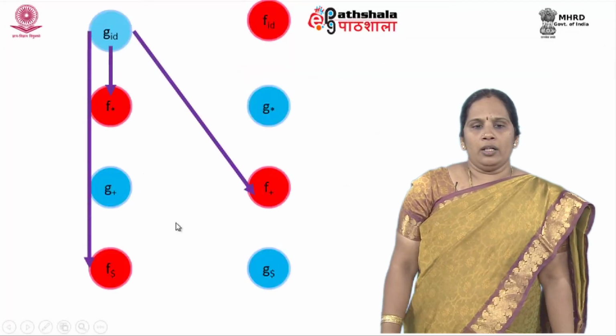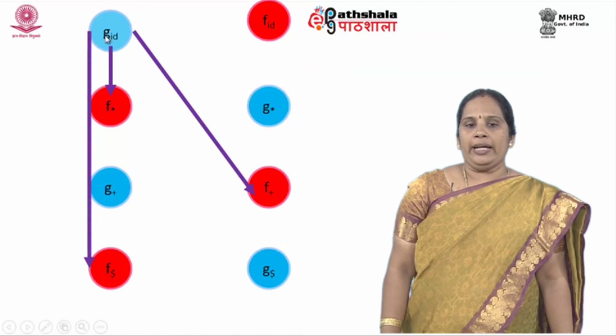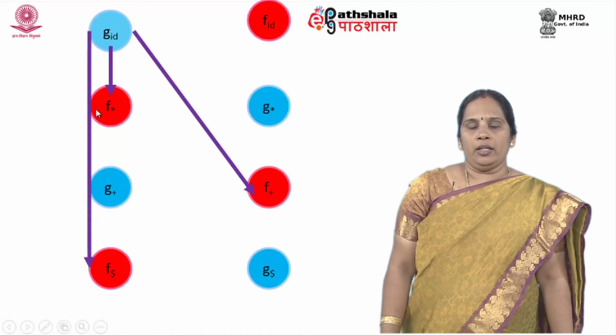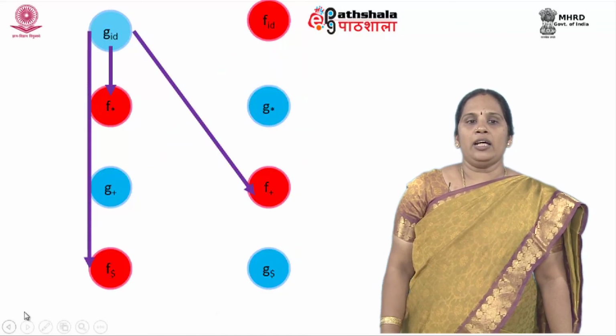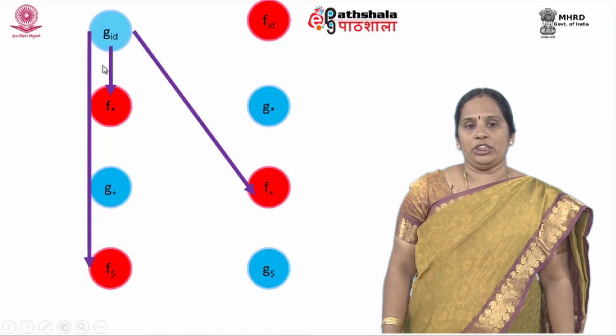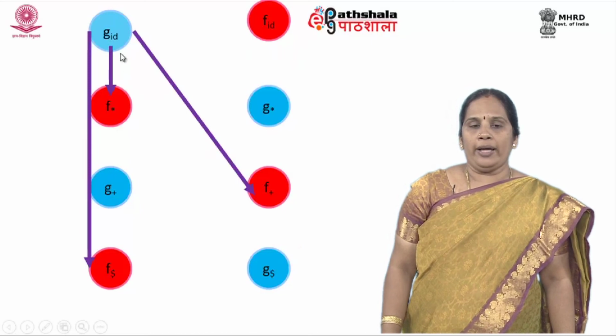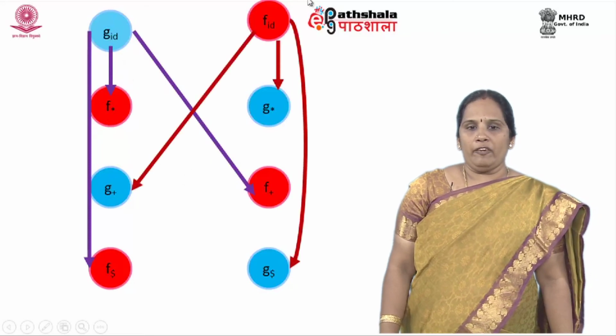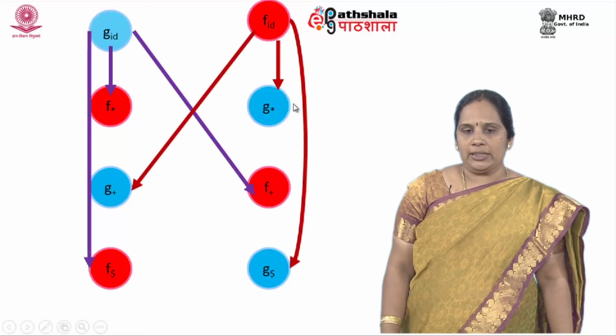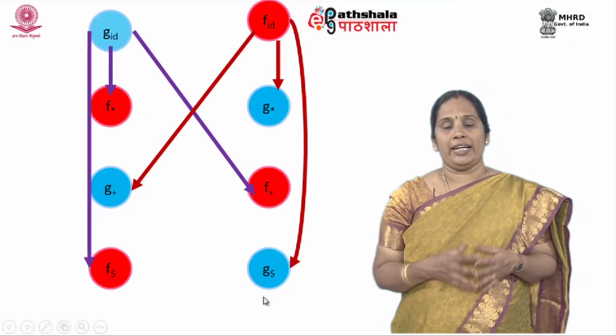Now, we know that g ID, when you remember the precedence table, the precedence table is constructed such that ID has got greater than relationship than plus, star and dollar. So, I have an edge from ID to plus, ID to star and ID to dollar. Similarly, FID to G plus, G star and G dollar, whether it is F or G does not matter.